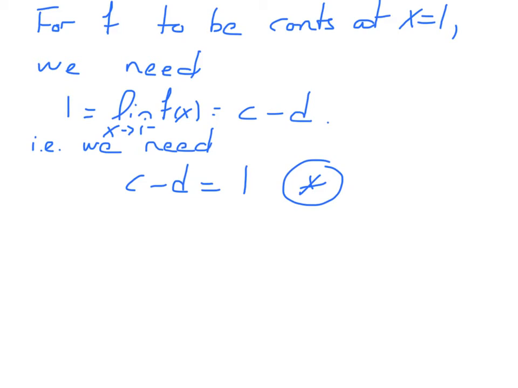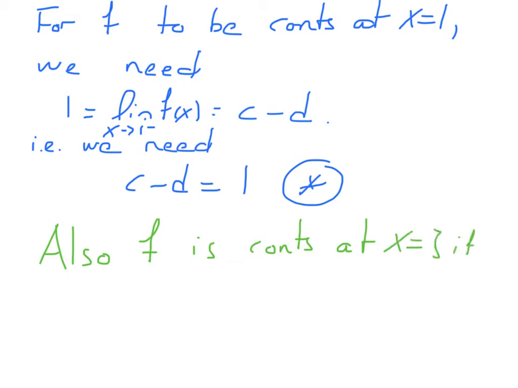Let's pick another color here. Green, say. So also, f is continuous at x equal to 3 if and only if the condition for when f is continuous at 3 is satisfied.